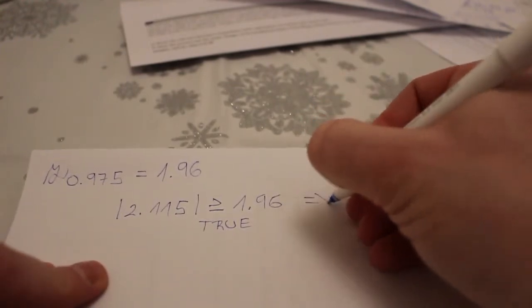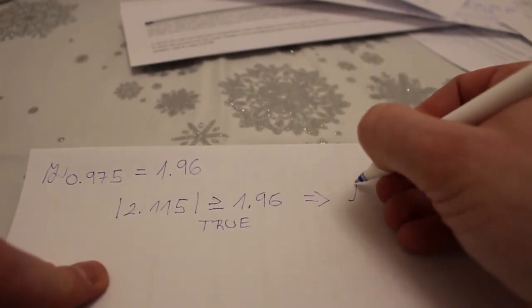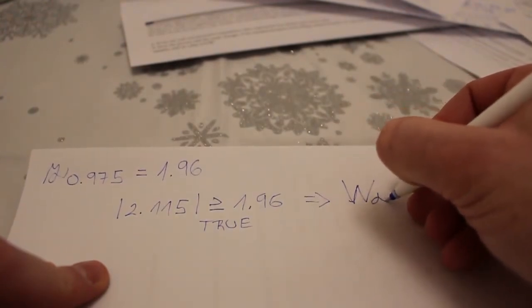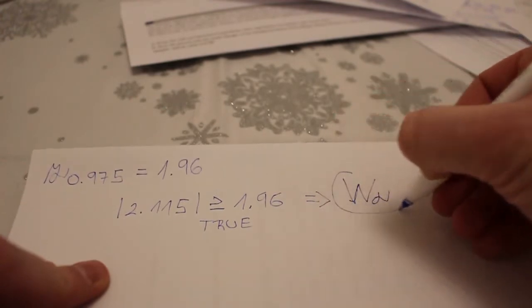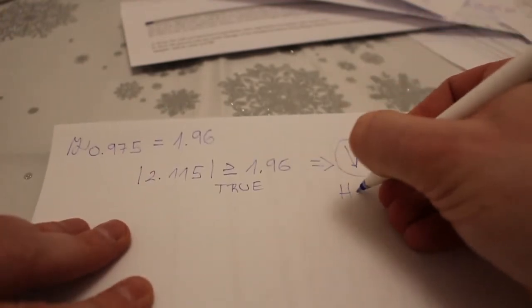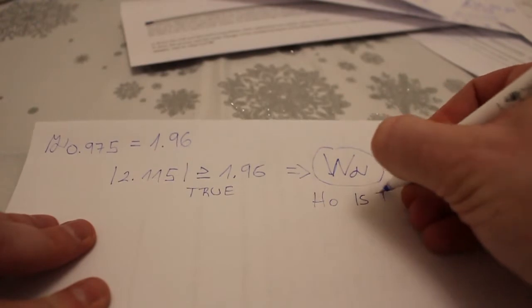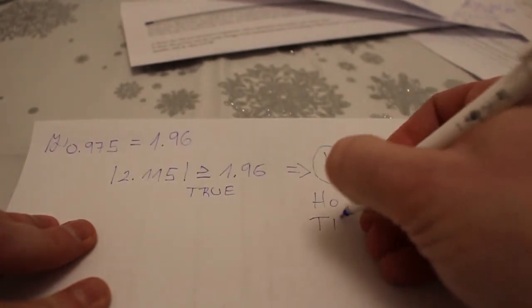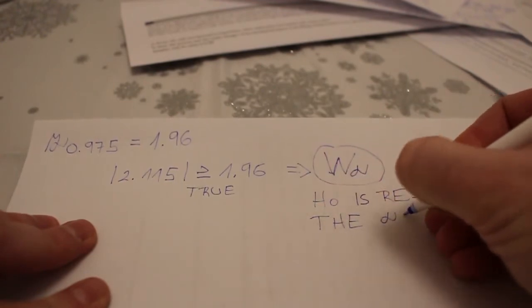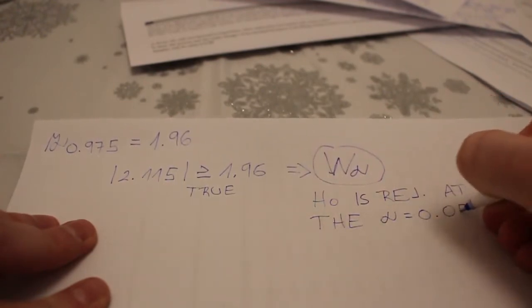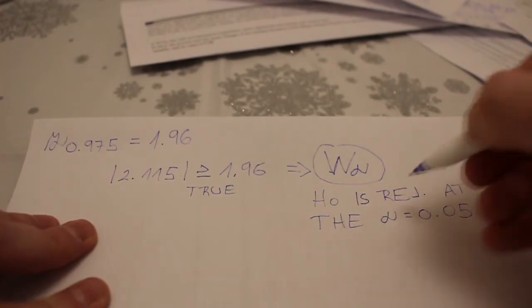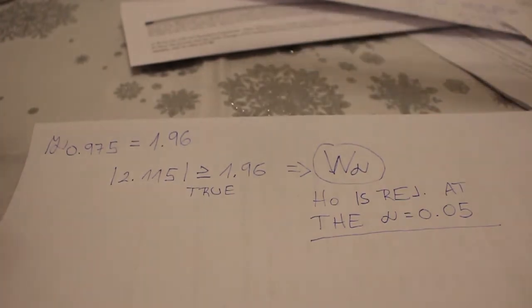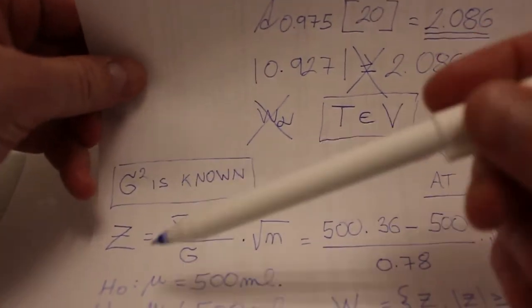It means that we entered W alpha. It means H0 is rejected at the 5% significance level.